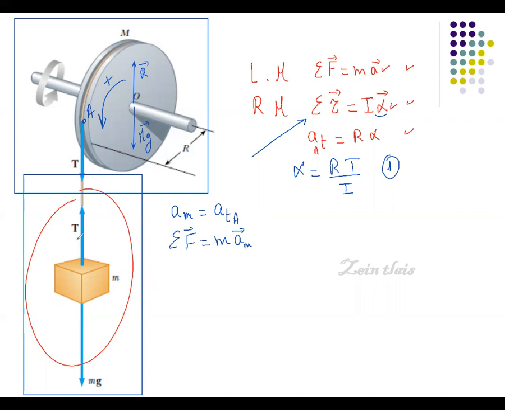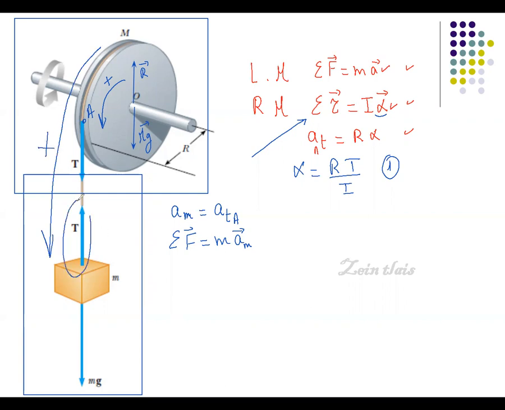We have T and we have mg applied on the object. The positive direction is like this. So T is in the negative direction and mg is in the positive direction.